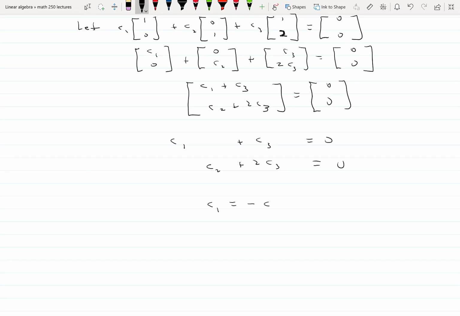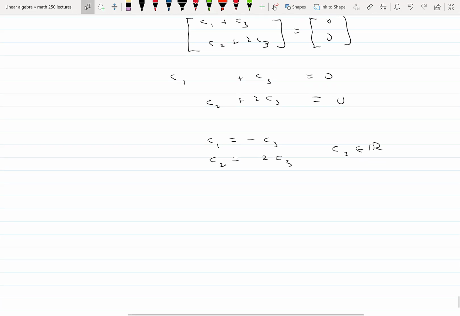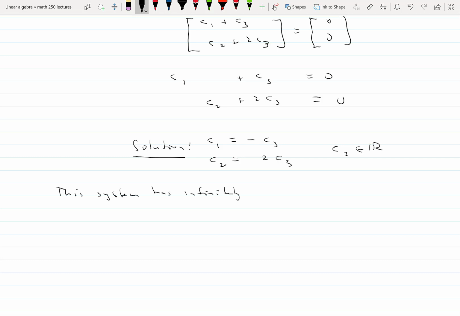C1 equals negative C3 is a solution, and C2 equals 2C3. It's an infinite number of solutions depending on my choice for C3. I'm going to be really explicit here: this system has infinitely many solutions.